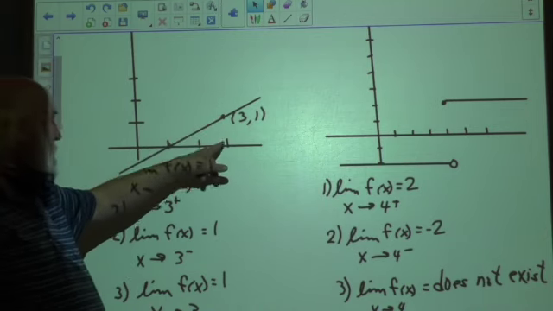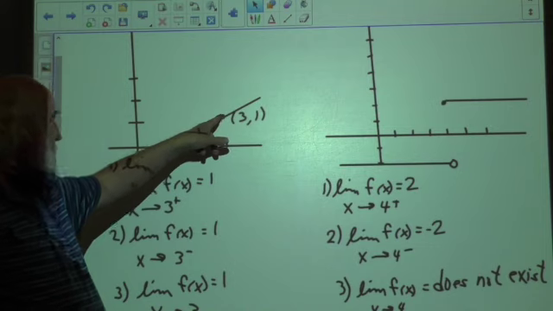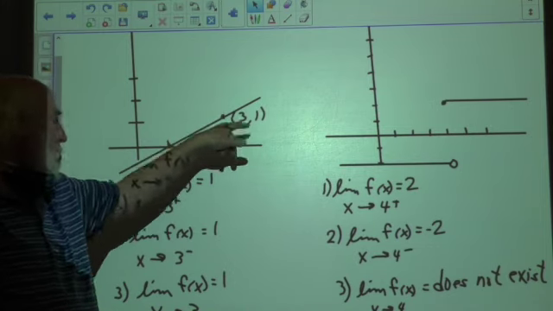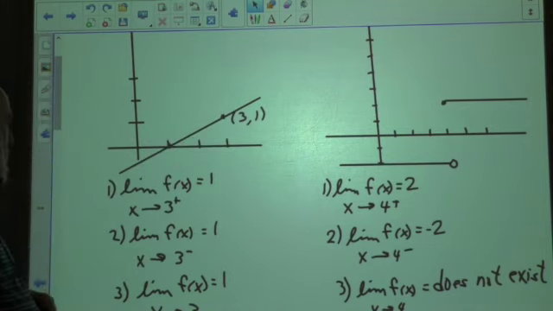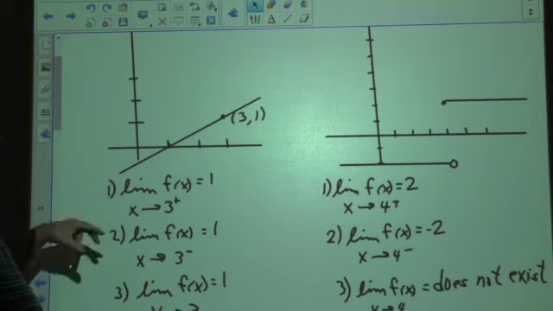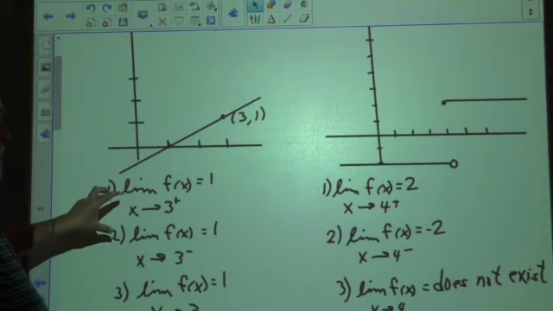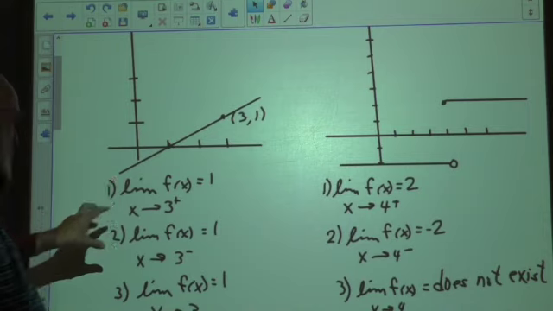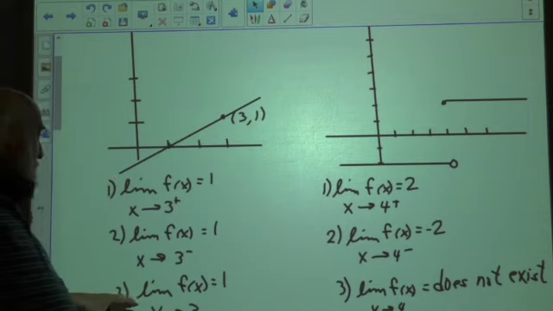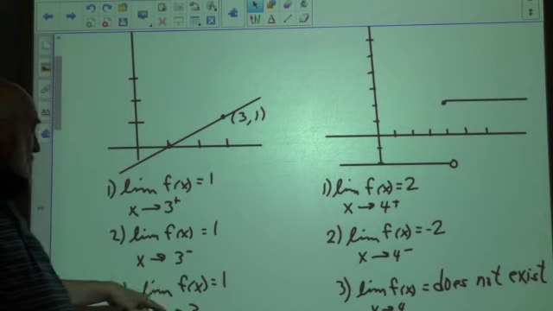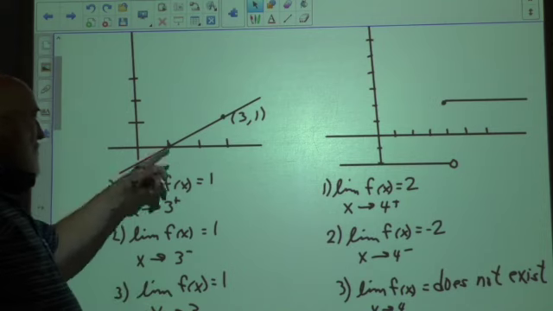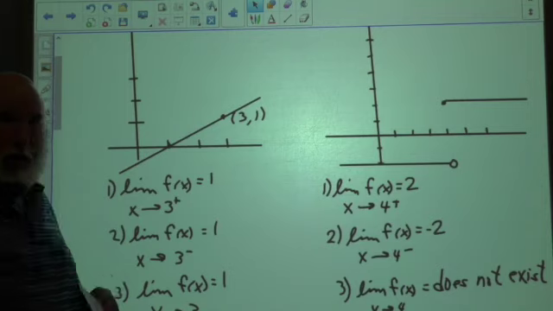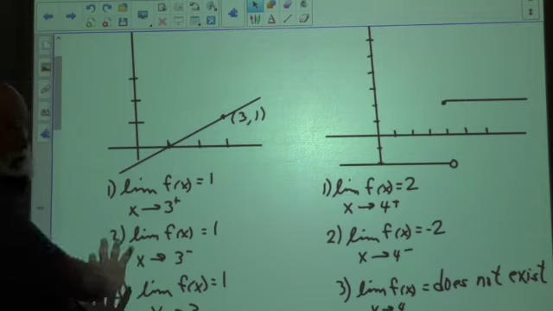And at the point (3, 1), the value of f of x is 1, which is your y value. If these two are both true and equal to the same thing, then we can say definitively that the limit of the entire function is 1 as x approaches 3, because you get the same thing going in either direction. That's what all that means.